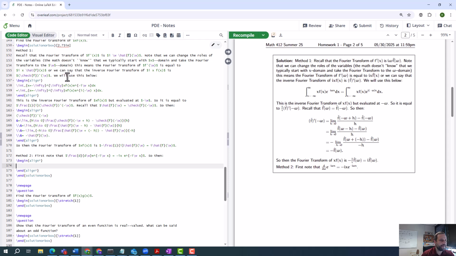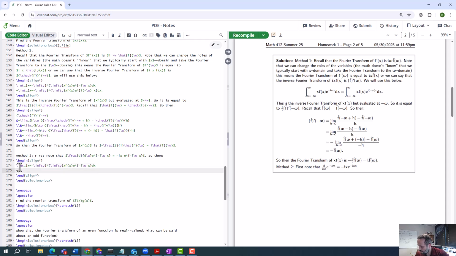So it's going to be the same integral. We're going to start with the definition. If you look at this expression here, x e to the i omega x is equal to 1 over minus i times this.